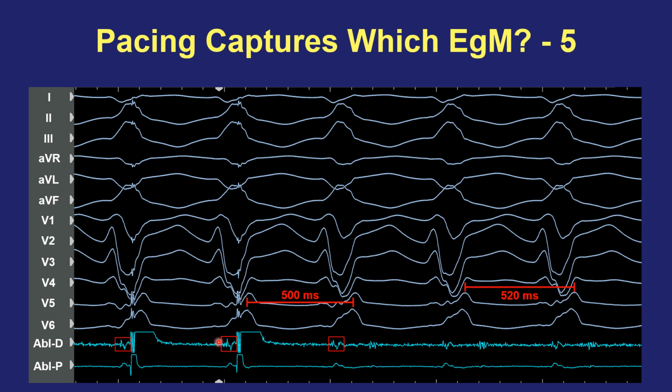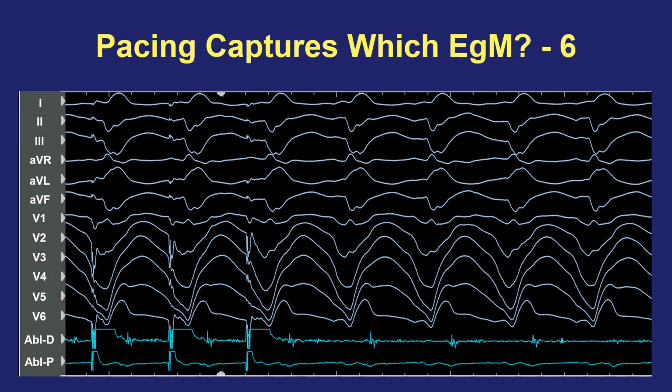You can see that it's not being captured, so don't measure to it. So instead, you're going to actually measure to this. This is the actual post-pacing interval in this example, and it's so critical to get it right. Otherwise, you're going to come to the wrong conclusion. You might think you're in the circuit when you're actually out of the circuit.